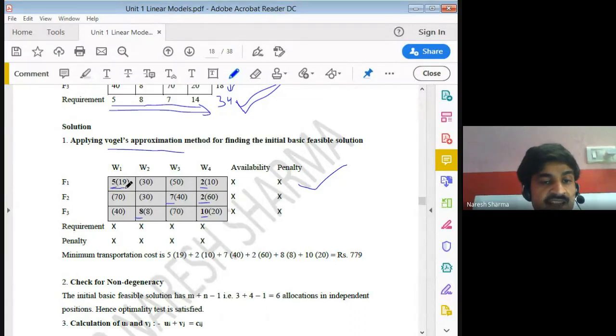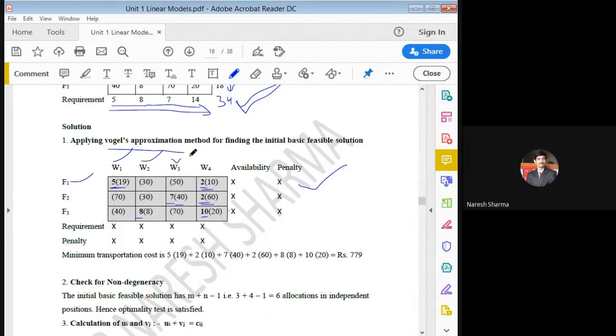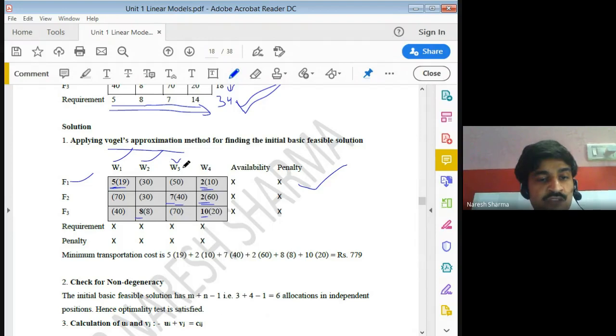If you multiply these with the corresponding costs, as we know that in each box we have the cost in brackets, W1, W2, W3, W4 are the warehouses where we need to send the products, and from these three factories F1, F2, and F3.